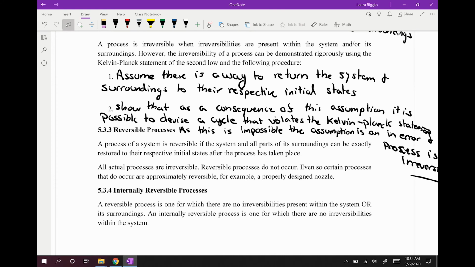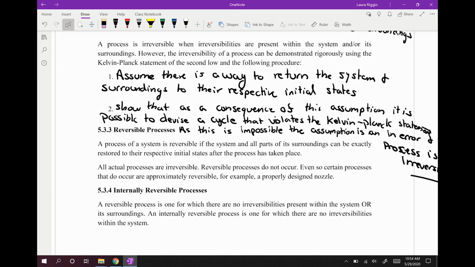Then we show that as a consequence of this assumption, it is possible to devise a cycle that violates the Kelvin-Planck statement. As it is impossible to violate the Kelvin-Planck statement, the assumption that we can return the system and the surroundings to the original state is an error, and our process was irreversible.